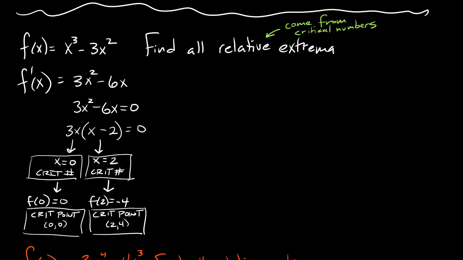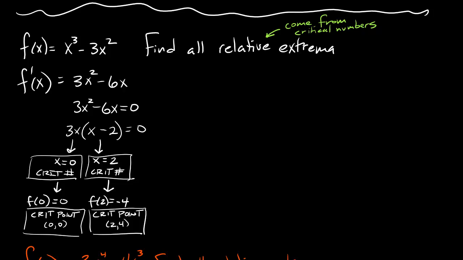Okay, these critical points will be needed because if we are asked to find relative extrema, it usually is asking you to find actual points. So I went and found the points right away because I know I'm going to need to find the actual points. Okay, here's how we're going to do this.